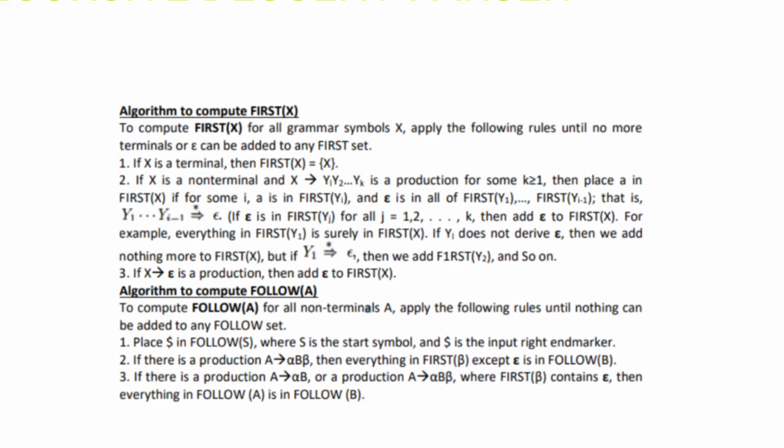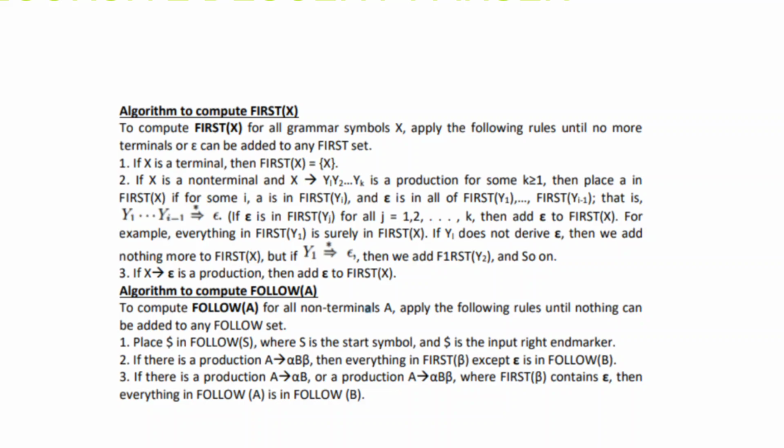For example, A → alpha B beta, where B has the following term beta. If beta is a terminal, we take beta as the follow of B. If beta is a non-terminal, we find the first of beta, and that is the follow of B. If epsilon is in the first of beta, we also take the follow of A as the follow of B. So there are three possibilities.